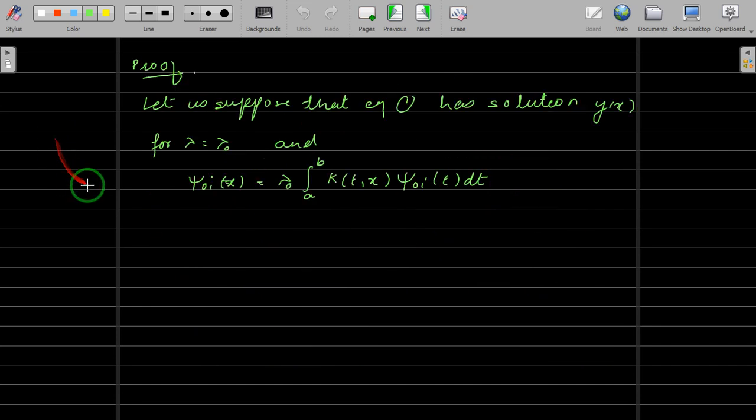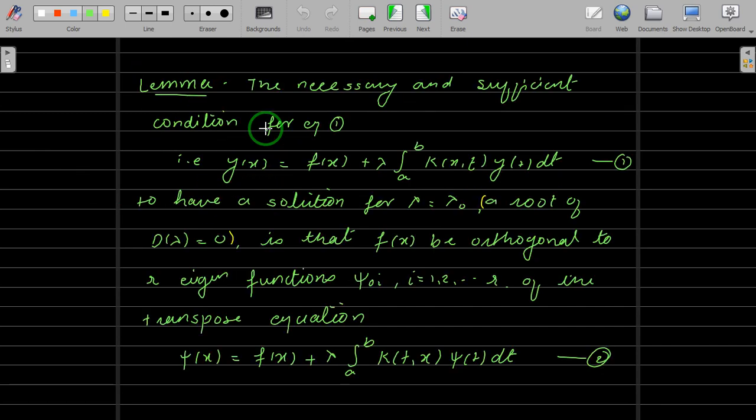Alright, now you consider what you have to show here. We have assumed that this equation 1 has a solution, and you have to show that f(x) is orthogonal to all ψ0i(x). You assume that it has a solution for λ = λ0.